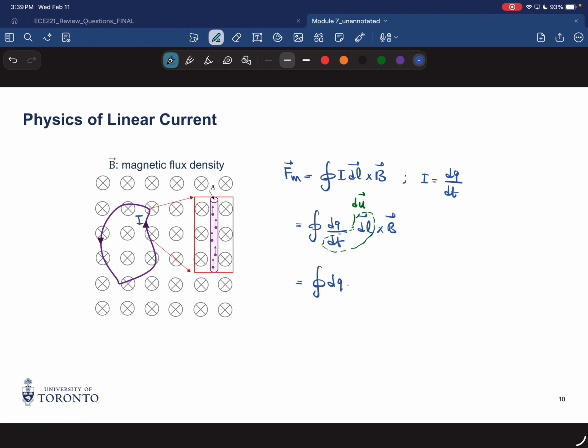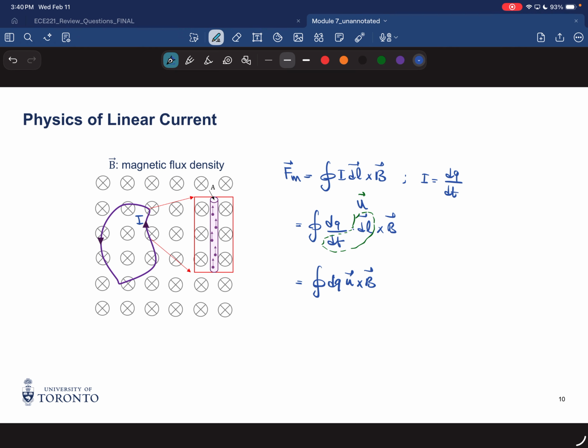Actually, no, sorry. This is dl, this is u, so that's correct. This is u, and then this will be dq u cross B.